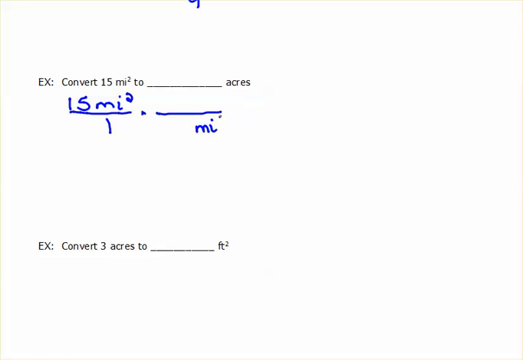Actually, there's a relationship between square miles and acres. So I can go ahead and put in square miles and acres, and that relationship is 640 acres to 1 square mile. So now my square miles cancel, and I have to multiply 15 times 640 to get 9,600 acres.